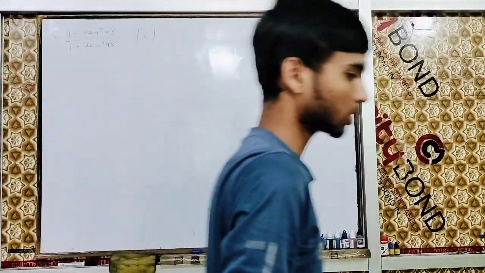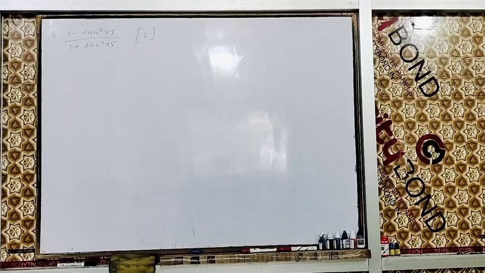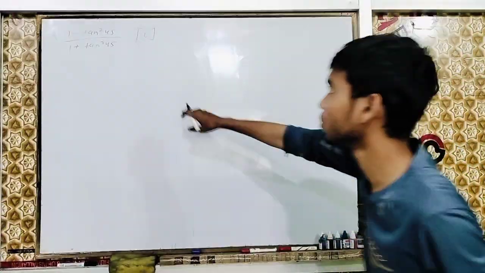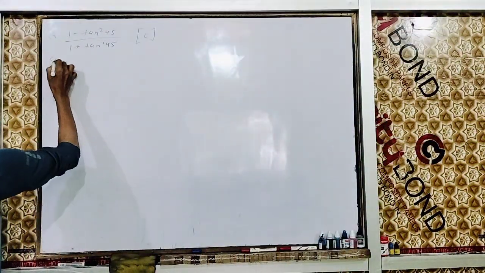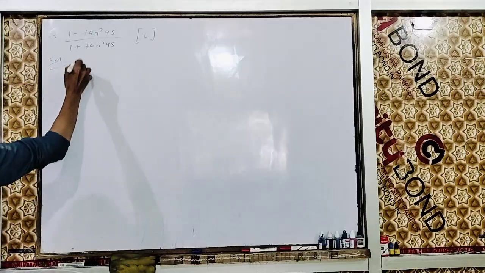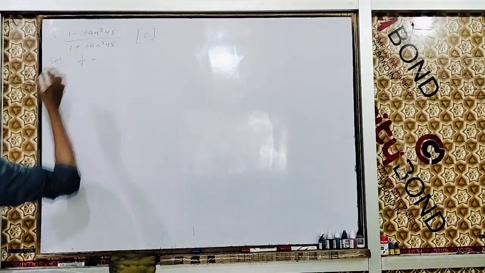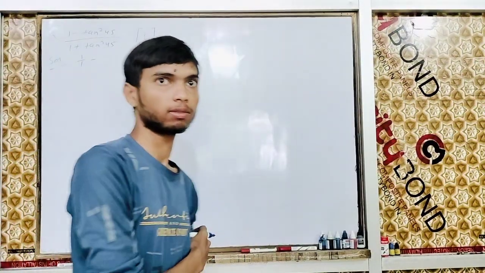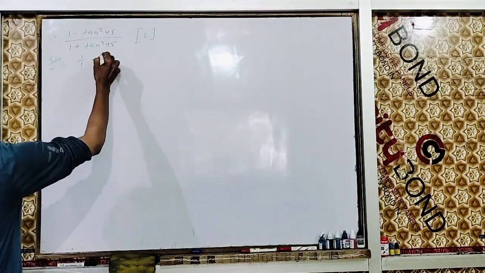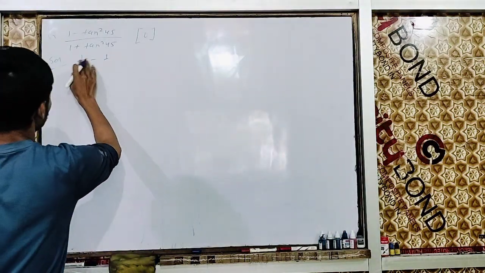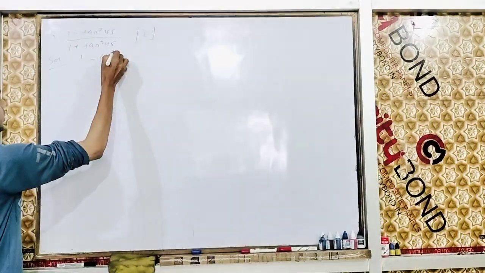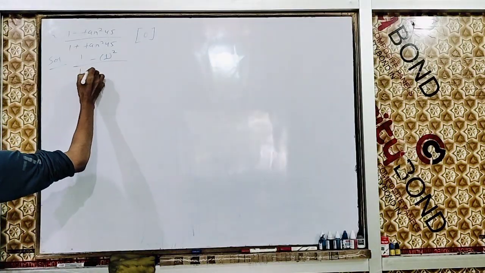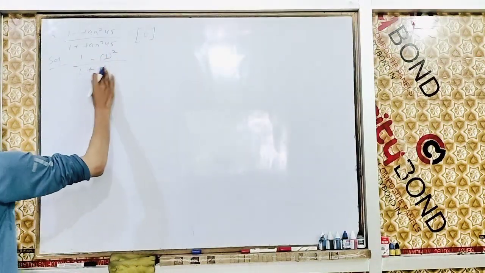Here is the next question, and I wrote the answer of this question. The answer should be 0. Let's see. 1 would be as it is. Then we know the value of tan 45 is always 1, and 1 is inside a square. Then again 1 plus, and again this is the inner square.